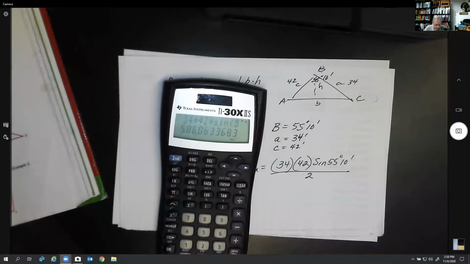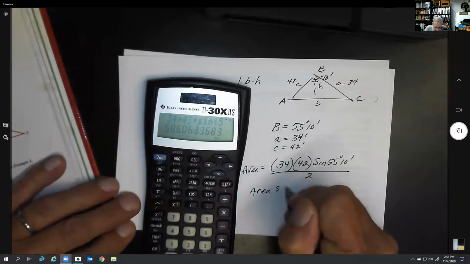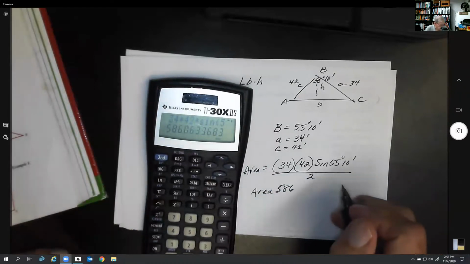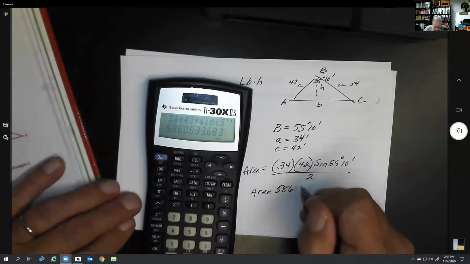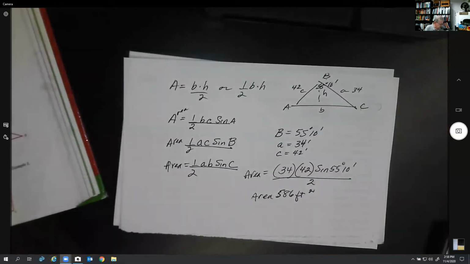Or I could multiply it by 0.5. So the area of this triangle is 586. I was looking at the wrong problem, excuse me. 586 feet squared. I was looking at this second example.